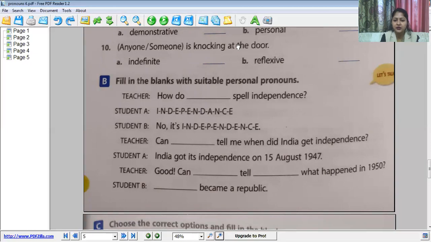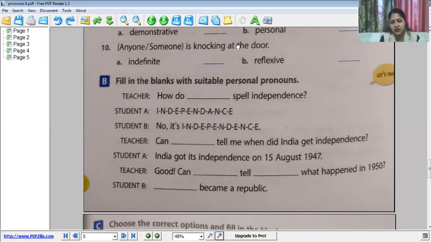Now the teacher: Can you tell me when did India get independence? The student replies, India got its independence on 15 August 1947. So the teacher says, good. Can you tell me what happened in 1950? So the answer is, it became a republic.